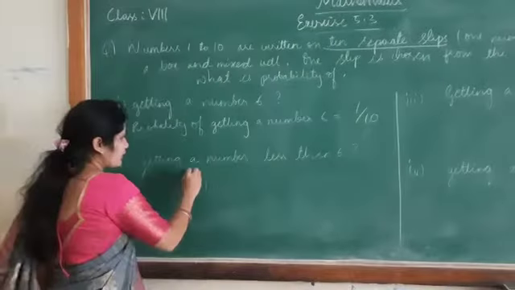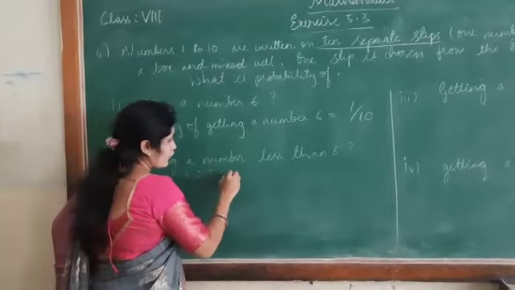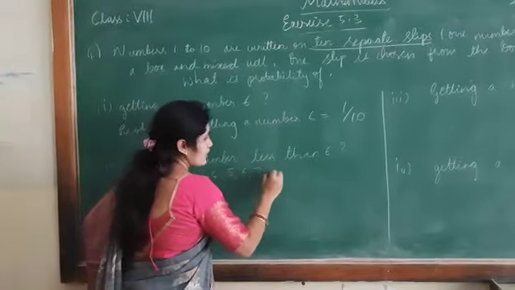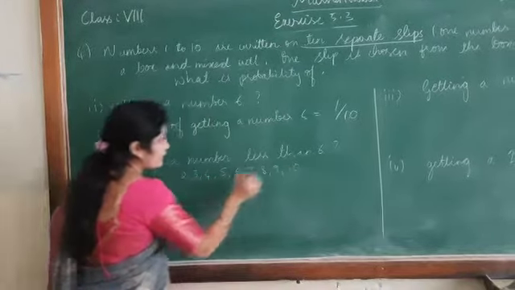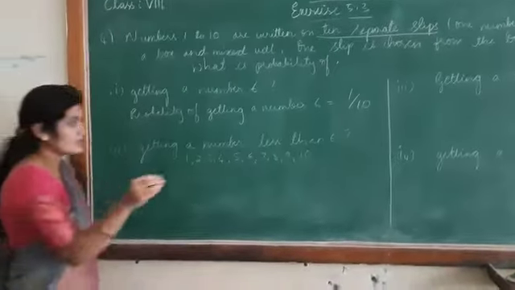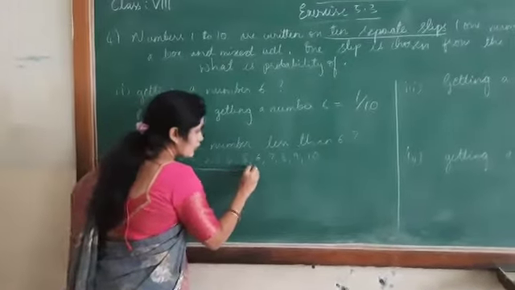Getting a number less than 6. First let me write the numbers 1, 2, 3, 4, 5, 6, 7, 8, 9, 10. So there are 10 numbers. Numbers which are less than 6 are 1, 2, 3, 4, 5.